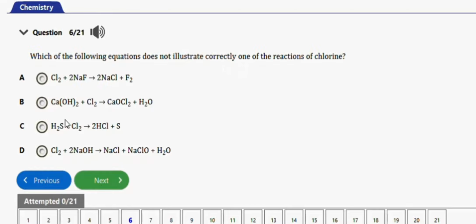So it's not option B, option B is a reaction with chlorine. Option C is a reaction with chlorine. Option D is a reaction with chlorine. So it's option A. Option A is the exception here. This equation does not correctly illustrate a reaction of chlorine. So the right option is option A. That's it for this question. The next question will be this one.